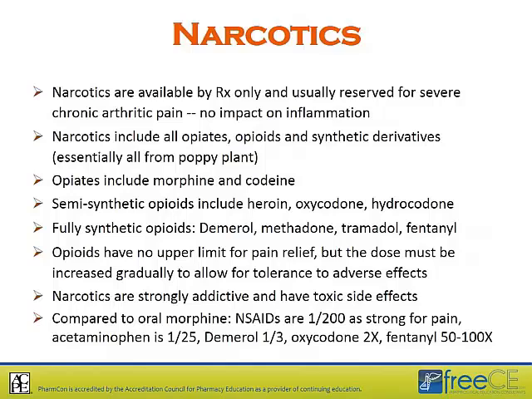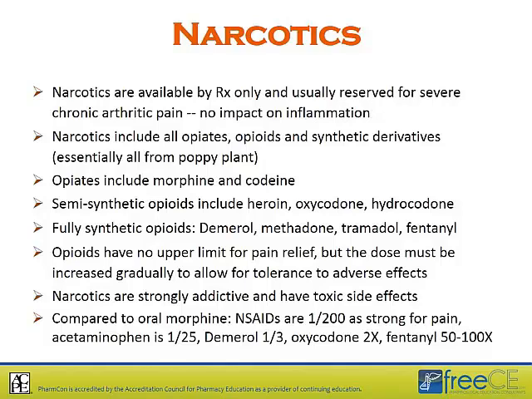Narcotics include all opiates, opioids, and synthetic derivatives, which are essentially all derived from the poppy plant. Opiates include morphine and codeine. Semi-synthetic opioids include heroin, oxycodone, and hydrocodone, to name a few examples. The fully synthetic opioids include Demerol, methadone, tramadol, and fentanyl.